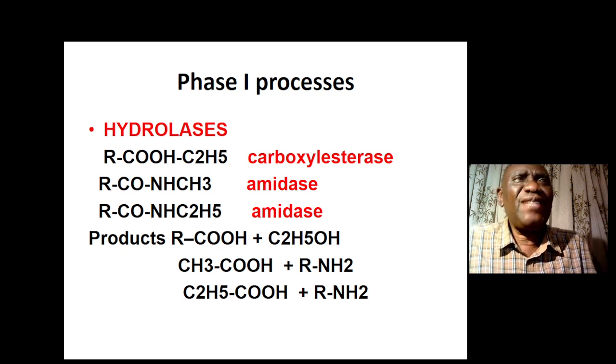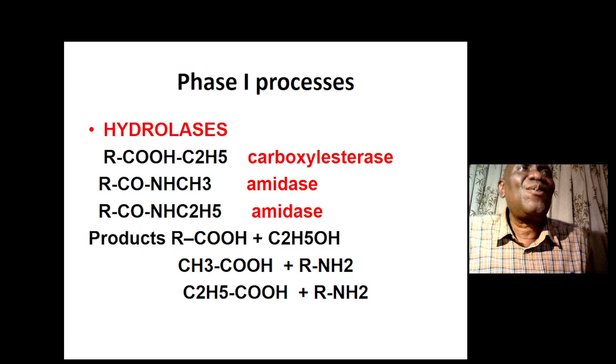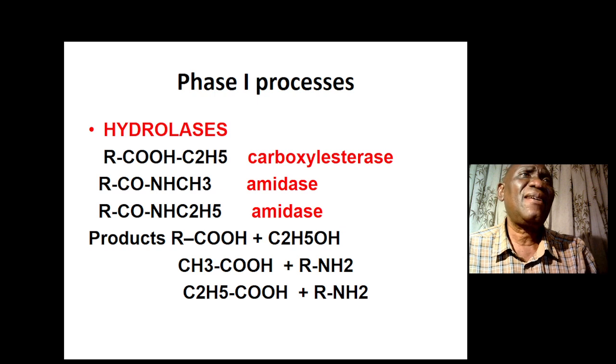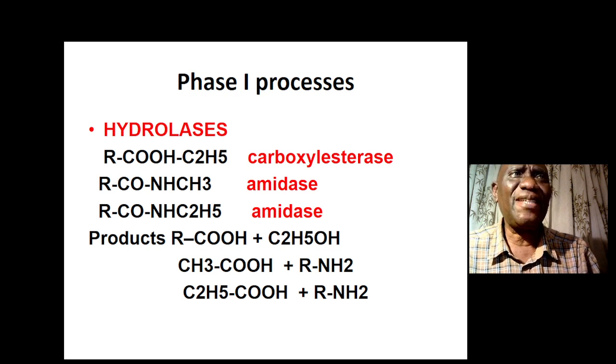Now, just to reinforce your understanding of hydrolases, if we have this structure, which is an ester, you have carboxyl esterase. If you've got an ammonium bit, either CH3 or C2H5, it is the nitrogen, the NH, which tells us that it should be an amidase.